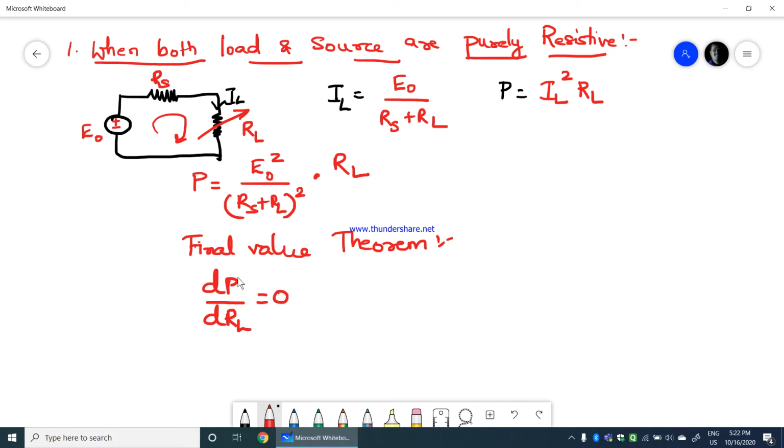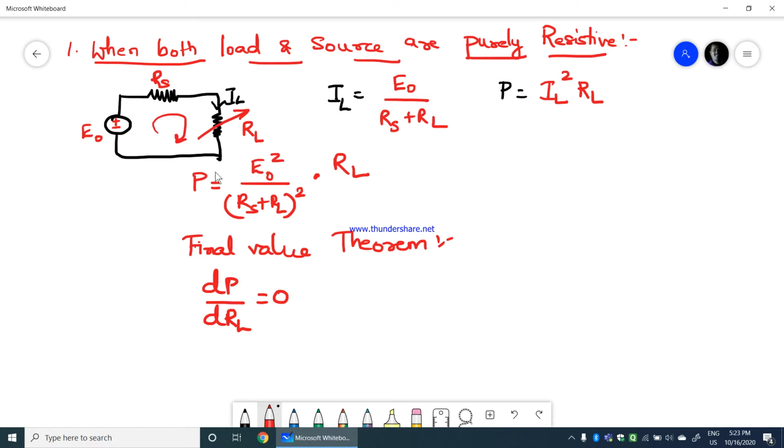What this means is you differentiate the quantity you want to maximize with respect to the variable you are varying. So here I vary RL such that the power will become maximum.